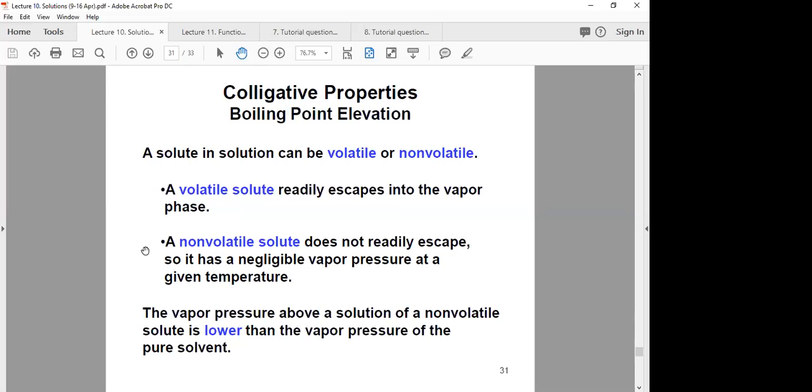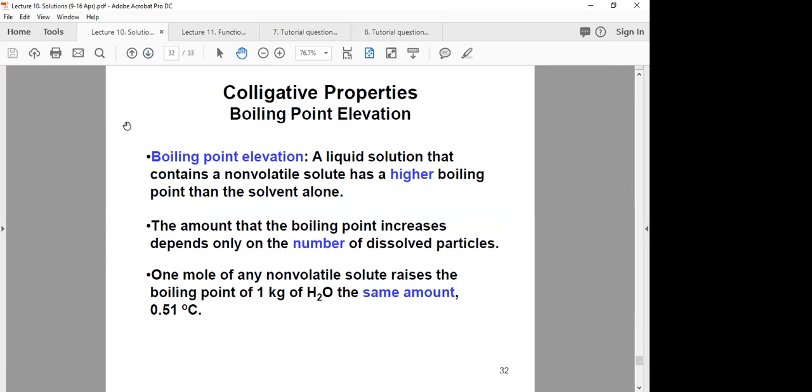And because it doesn't readily make that transition, this solution has a very low or negligible vapor pressure at a given temperature. So the vapor pressure above a solution of a non-volatile solute is lower than the vapor pressure of the pure solvent alone. So let's look at how this contributes to elevation of the boiling point.